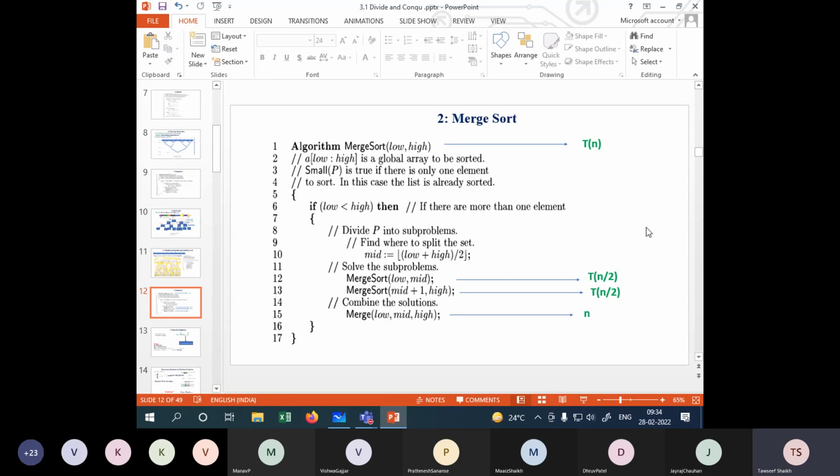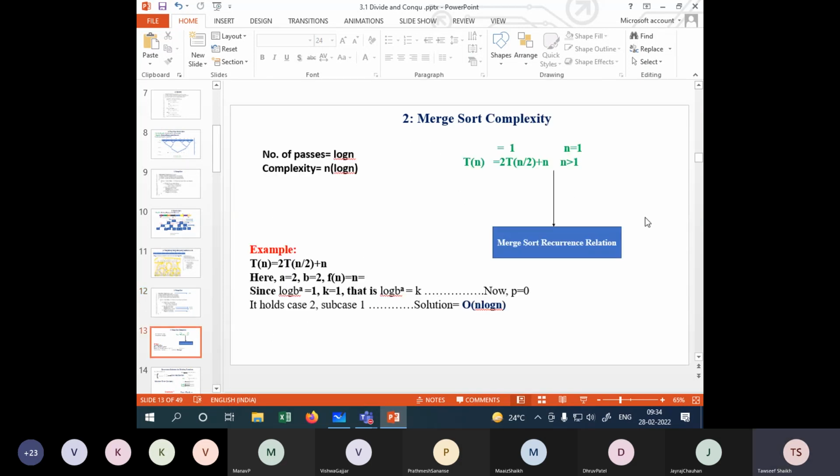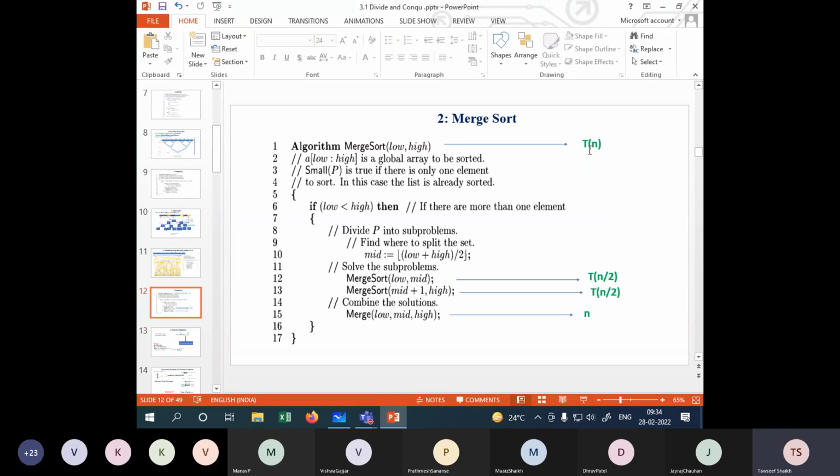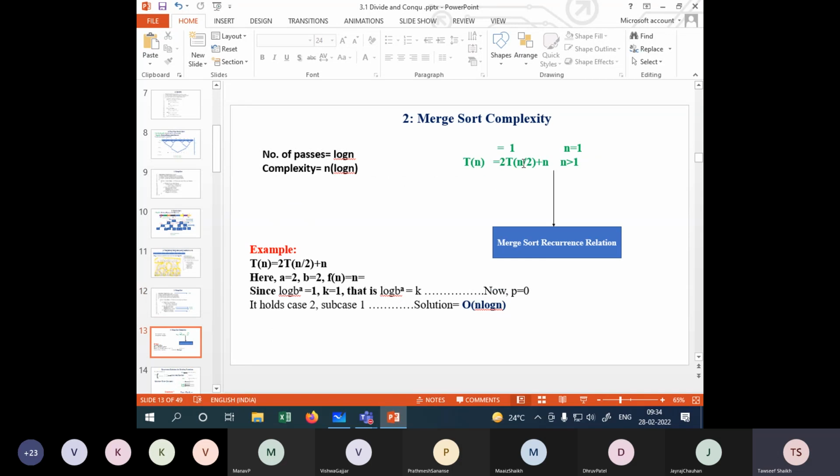So if I find the recurrence of the merge sort algorithm, the recurrence will be T(n) = T(n/2) + T(n/2) + n, that means 2T(n/2) + n. And this happens when n is greater than 1, when there is more than one element in the array.